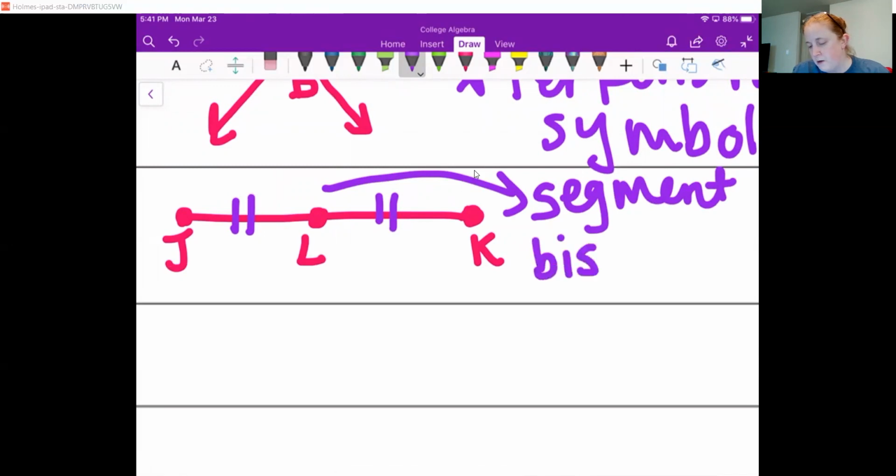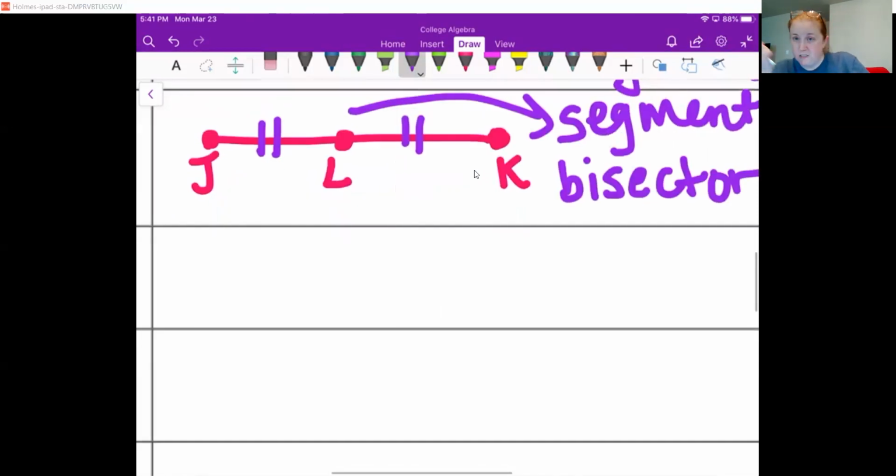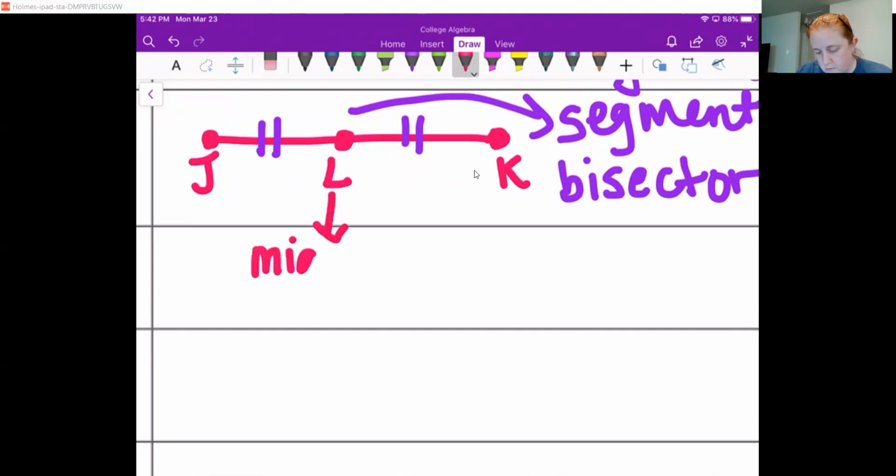But that spot, that object, in this case, point L, is bisecting. And since point L is my segment bisector, we can also call it the midpoint. Okay, that is your midpoint.